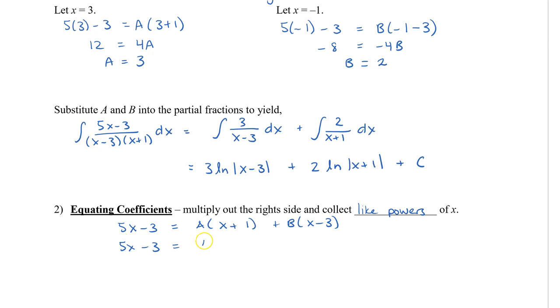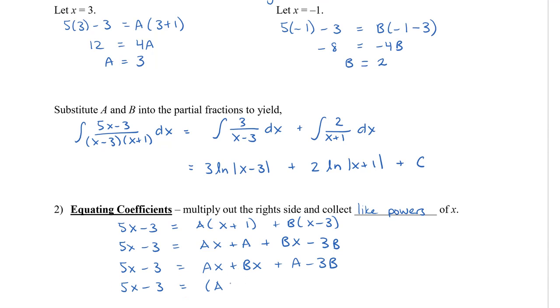Then we're going to rearrange by collecting all the terms that contain an x and placing them first, and if a term doesn't have an x, we place it second. So now I'm going to factor out an x from the first two terms. So I have A plus B times x plus A minus 3B.